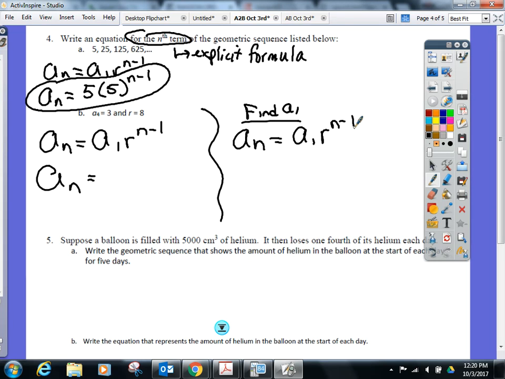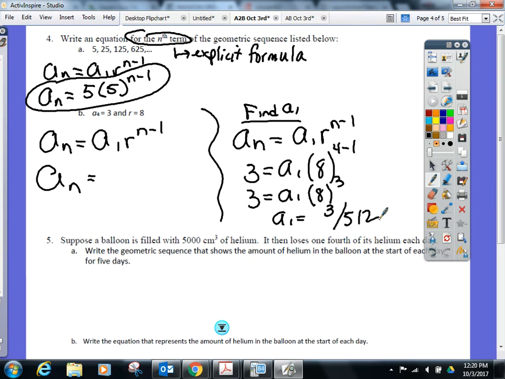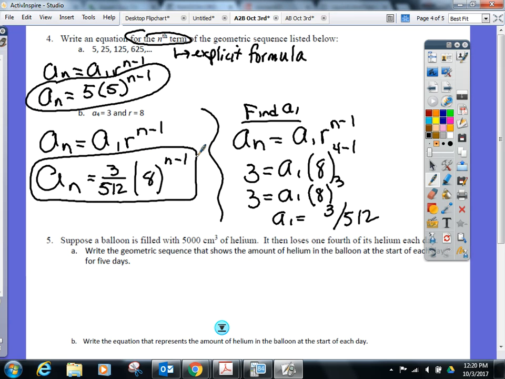Nice job, guys. Nice job finding the first term. 3, first term, r value of 8, raised to the 4 minus 1. Good. Three over 512. Plug your r value back in to the n minus 1. Again, don't pull the rookie mistake and try to multiply those two. It's as far as you can go.